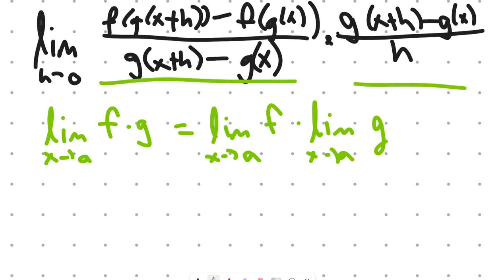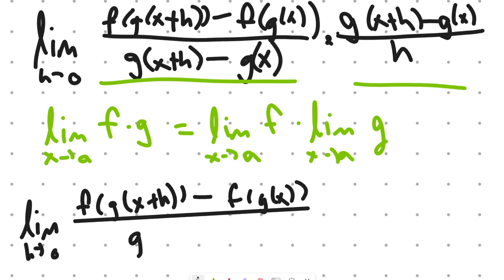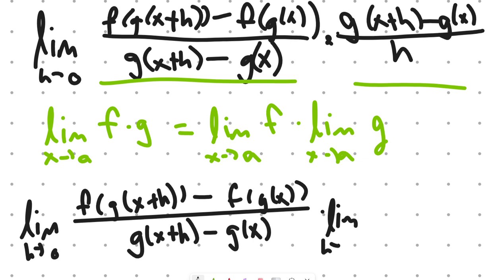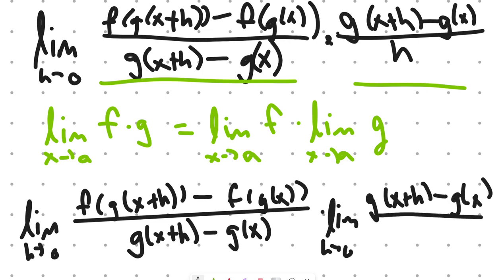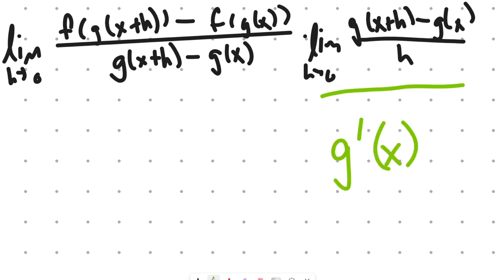So we'll take the limit of these two things individually, and we get the limit as h approaches 0 of f of g of x plus h minus f of g of x, all divided by g of x plus h minus g of x, times the limit as h approaches 0 of g of x plus h minus g of x, all over h. Now what do we have? We have the definition of the derivative over here, which is just g prime of x, multiplied by the limit definition for f of g of x.